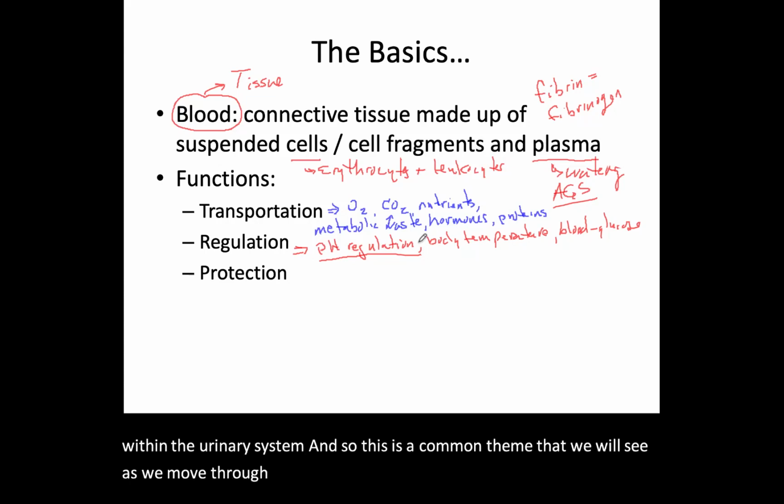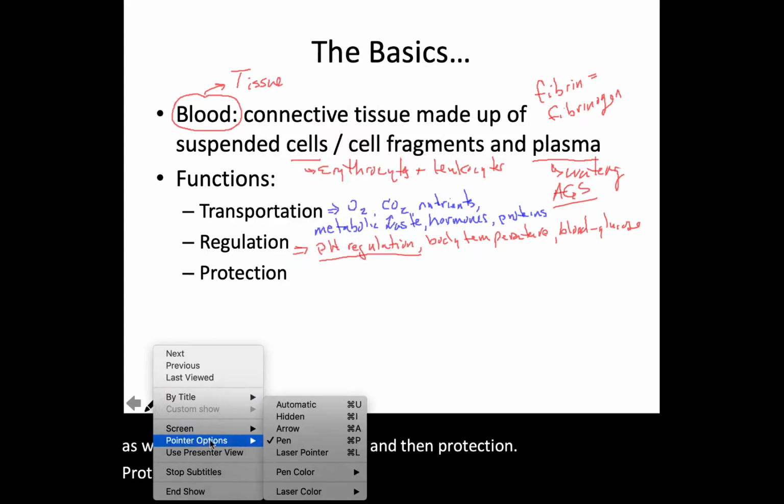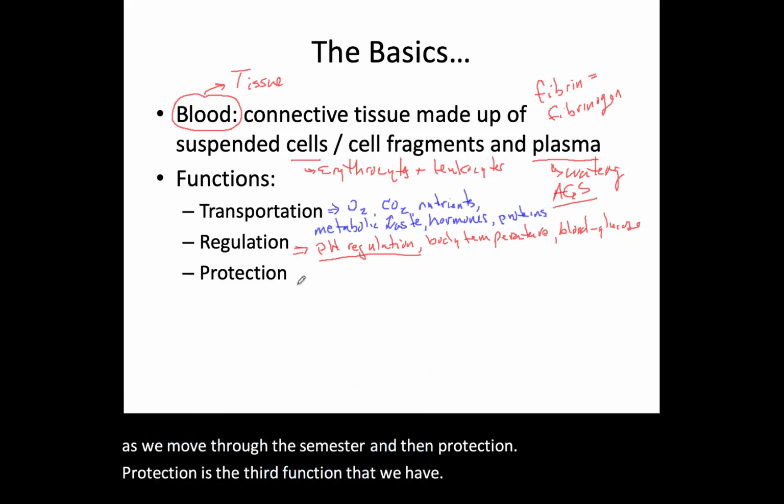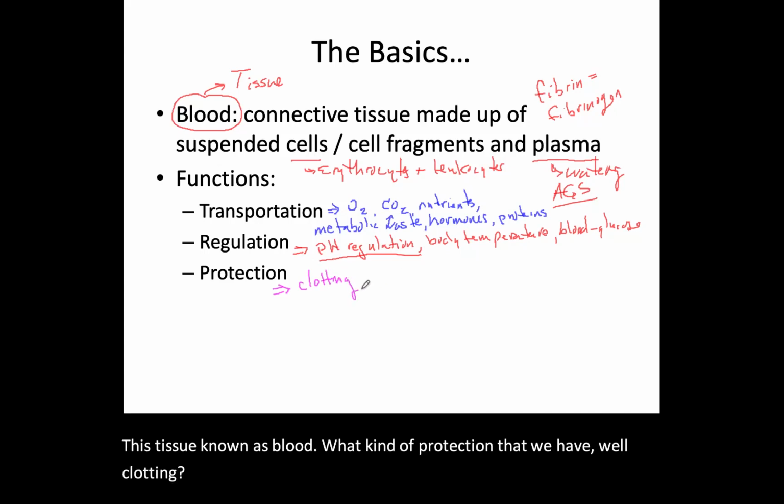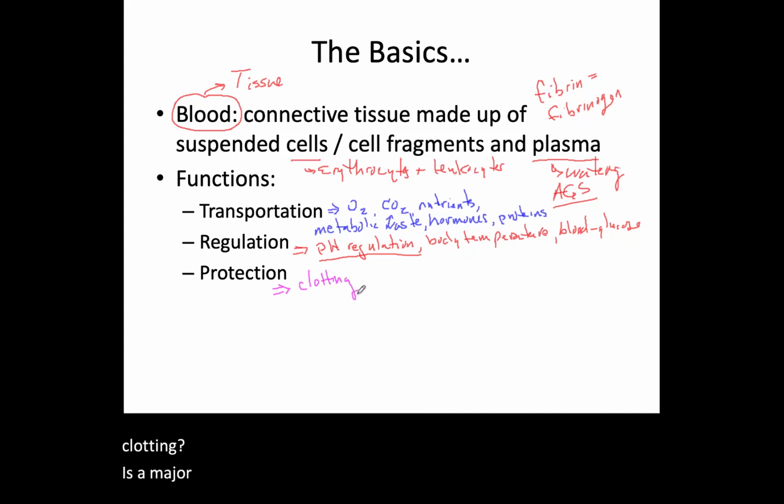And then protection. Protection is the third function that we have within this tissue known as blood. Right? What kind of protection do we have? Well, clotting is a major protective function of blood.